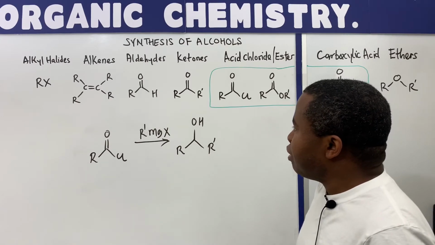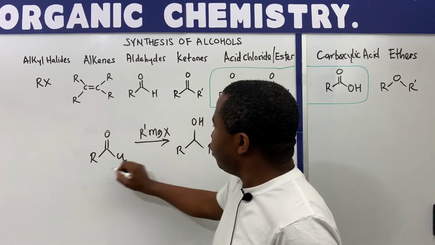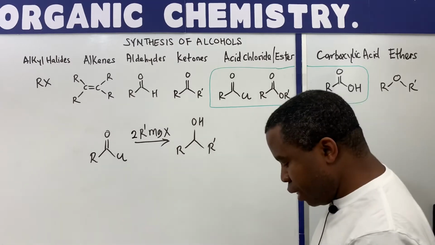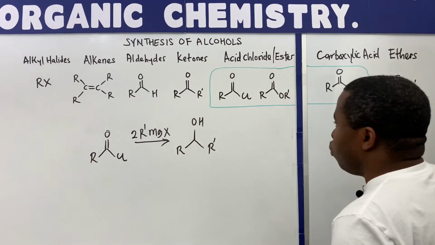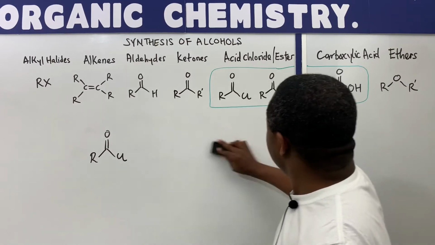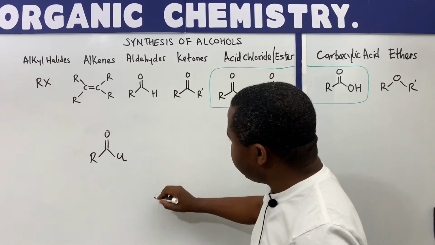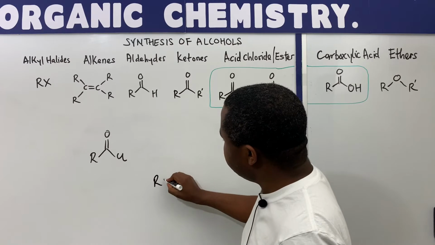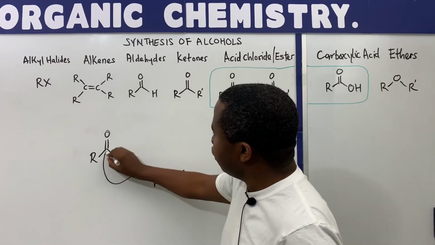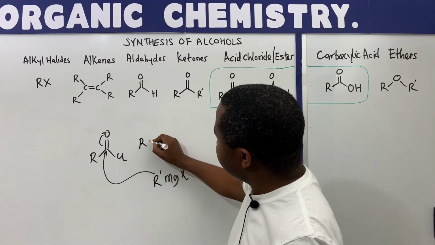The mechanism is similar, except that in the case of acid chloride, we are using 2 moles of the Grignard reagent, and we're going to see why we use 2 moles in the mechanism. So the first mole of the Grignard reagent is going to generate the alkoxide. So we have something like this.